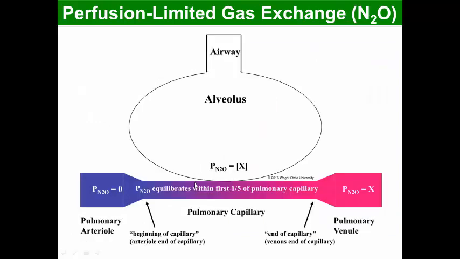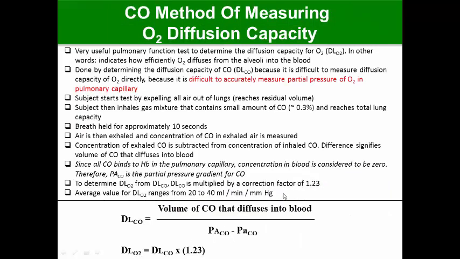So, remember oxygen takes 1/3 of the pulmonary capillaries to get equilibrated. Nitric oxide gets equilibrated within the first 1/5 of the pulmonary capillaries.